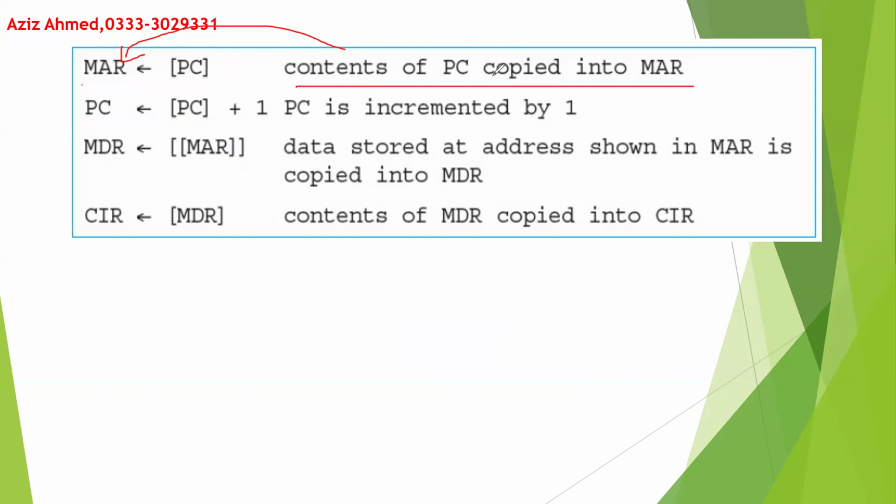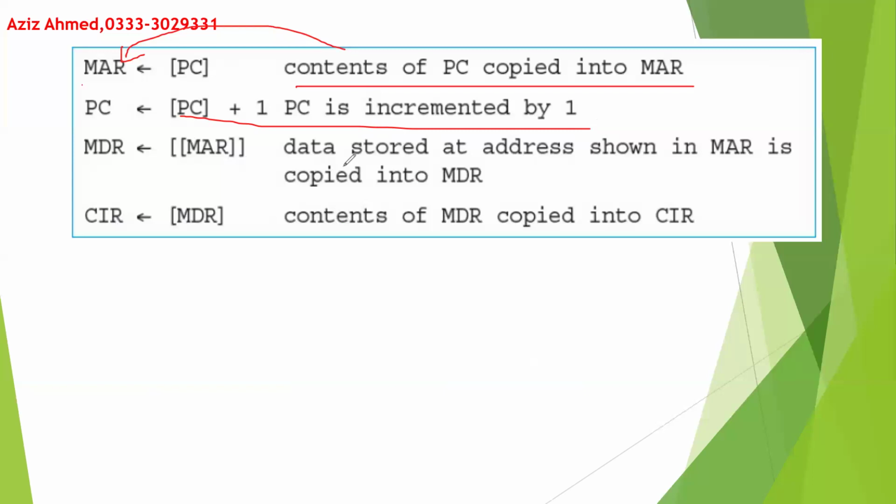The address of the second instruction is held by the PC. So when the CPU comes to the PC, it transfers its data to the MAR. The PC is incremented by 1. Now the PC will point to the third instruction. Got the idea? After finishing the second instruction, the CPU will come and search for the third instruction, and it is already pointed to by the PC.